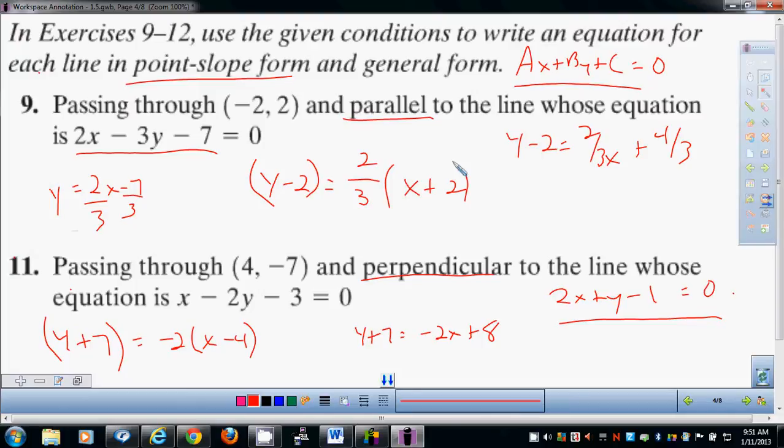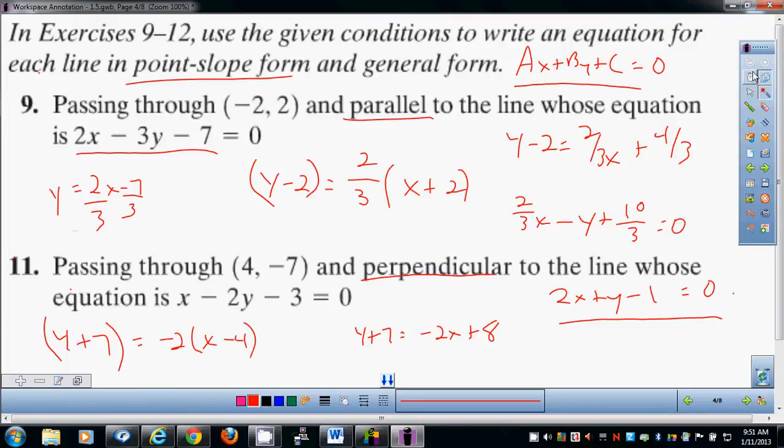It's already positive, so I'm going to move this stuff over here. So that'll be 2/3 x, minus y. What's 4/3 plus 2? That's 4/3. How many thirds is 2? How many thirds is just 2? 6. So 4/3 plus 6/3 is 10/3.